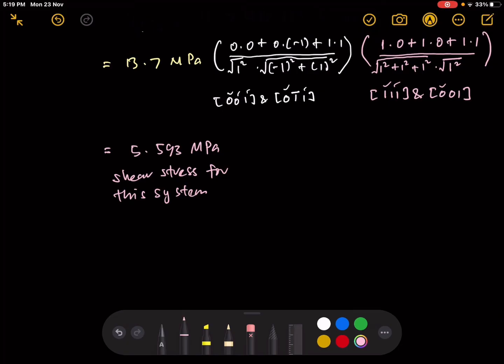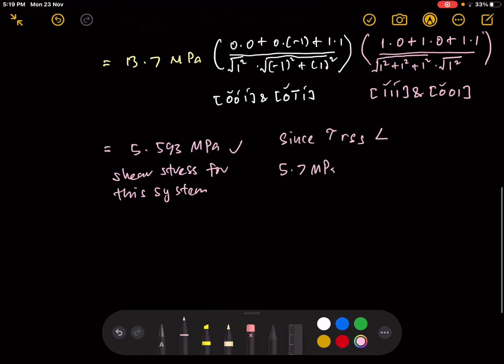Since the resolved shear stress that we got here is lower than 5.7 megapascal, the critical resolved shear stress, practically slip will not occur.